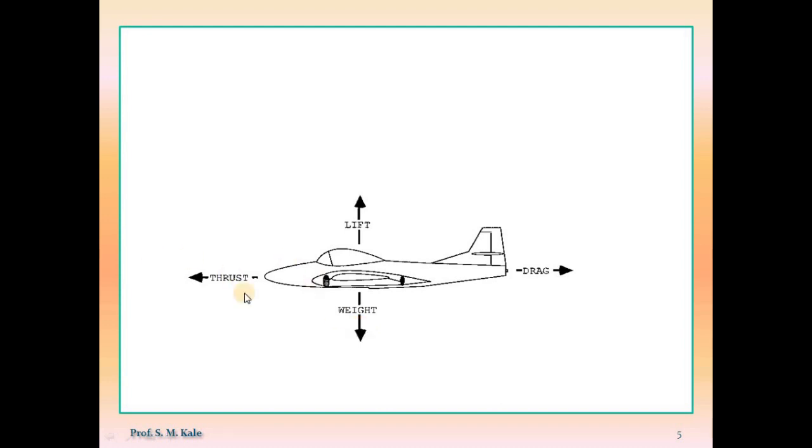But as the aeroplane is submerged inside the flowing fluid, the component of total force perpendicular to the direction of motion of the air will be called the lift force. And because of the generation of this drag force and lift force, the aeroplane is in motion, or can fly in the air.